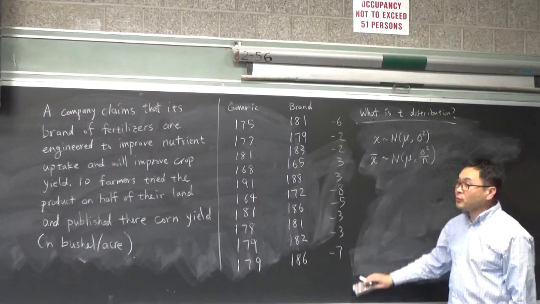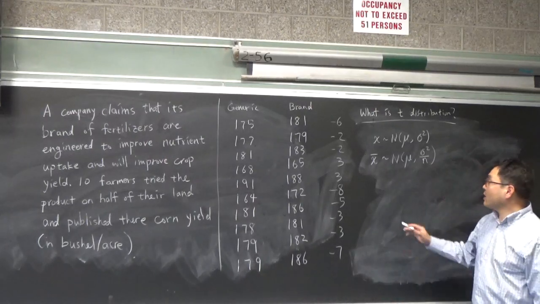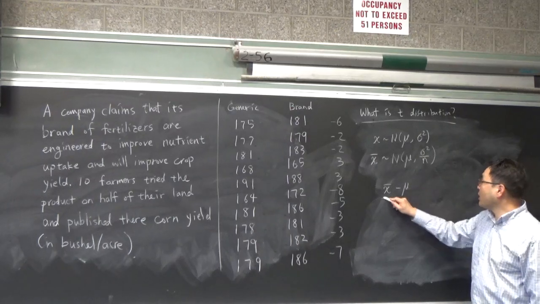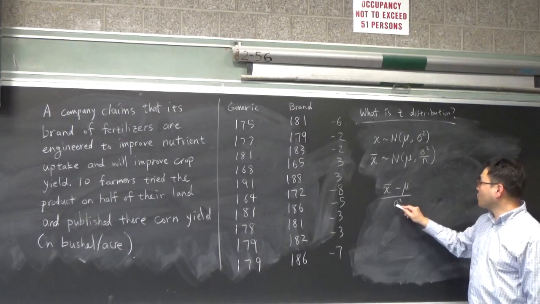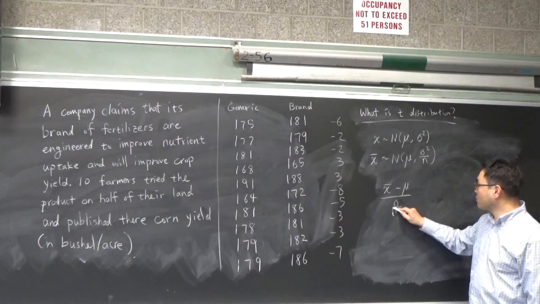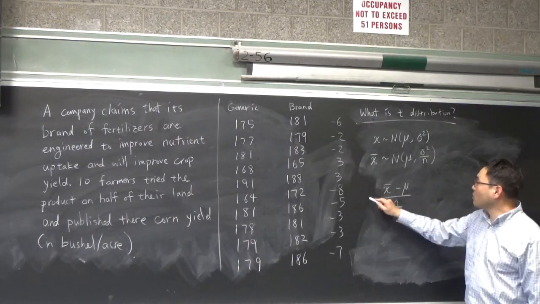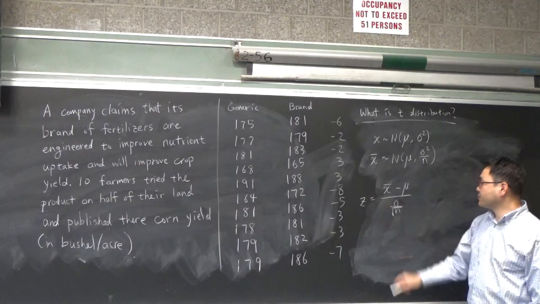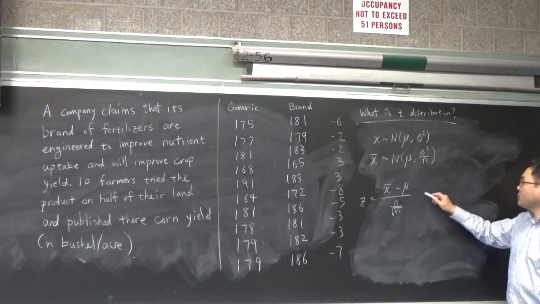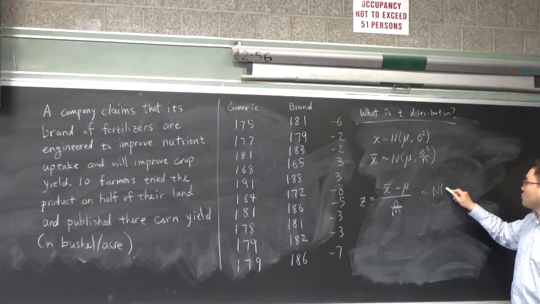And therefore, if you take any sample and take the mean value, subtract mu, and divide it by sigma over square root of n, and call this z, this is going to follow the standard normal distribution.